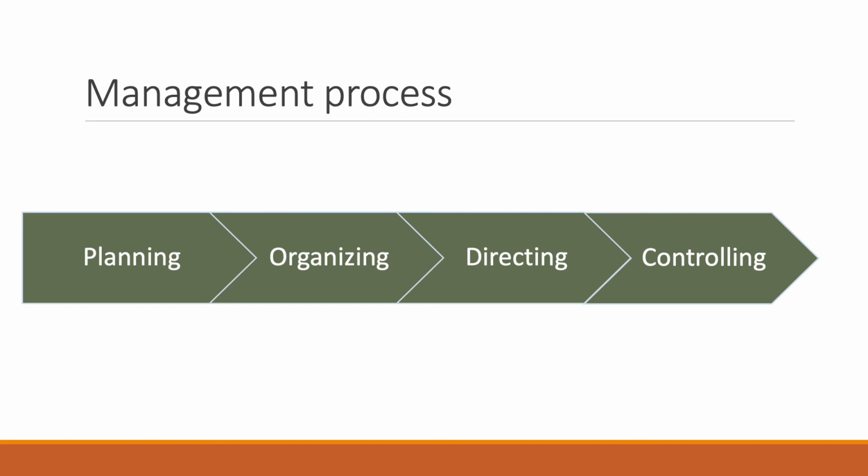So, as you can see, organizing is involved in planning somehow. Then you have directing. It's another step of the management process. Directing is to deliver all the motivation to the group teams in order to fulfill those goals, those objectives, those strategic processes. And then finally we have the controlling step in the management process.